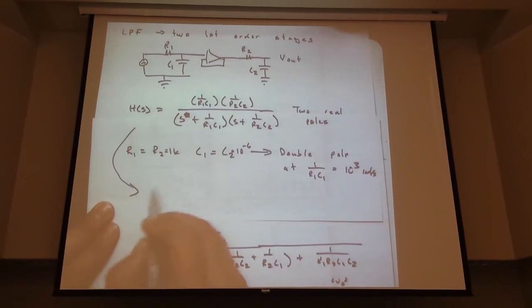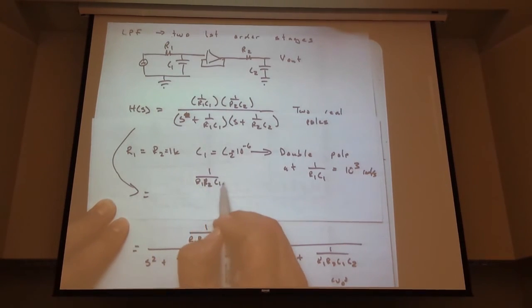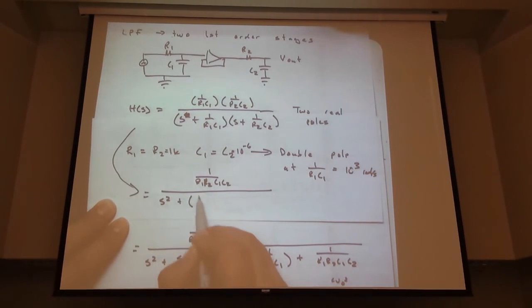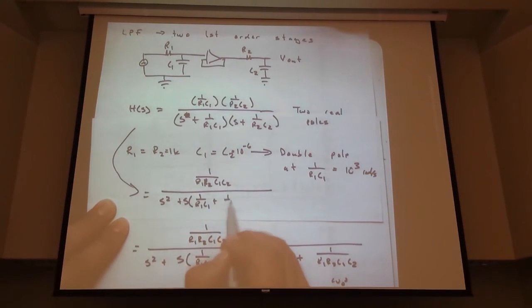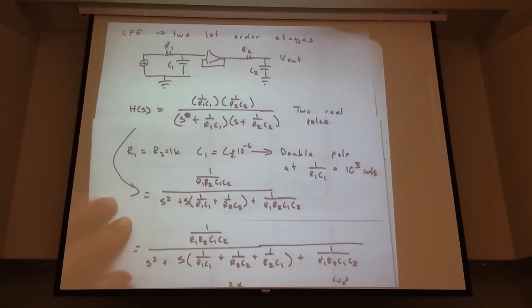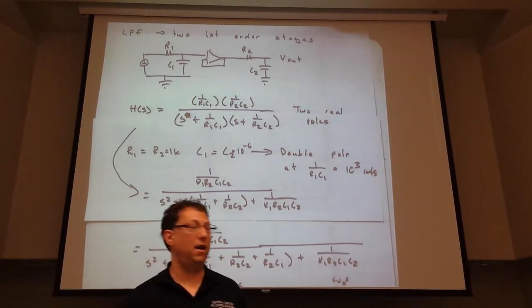We can write this as S squared plus S times 1 over R1 C1 plus 1 over R2 C2, plus 1 over R1 R2 C1 C2. Very, very similar transfer functions. Does that voltage follower matter?